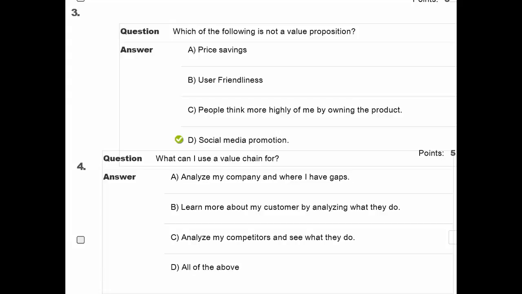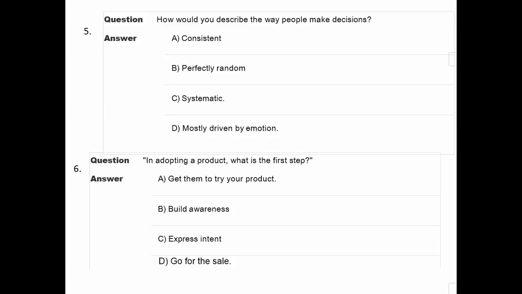And it's actually in the lecture that you can use it to analyze your own company, analyze your competition, learn more about my customer, because on my customer's value chain, I could see what it is they're going through. And so the lecture talked about finding gaps and things like that. So the answer is all of the above. All of it are things you can use the value chain for.